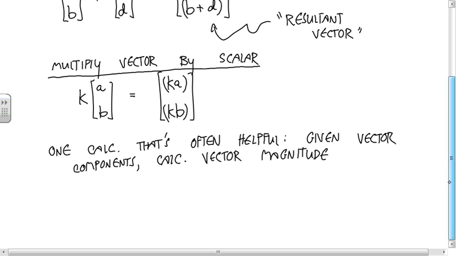Well, let's say your vector is called u.